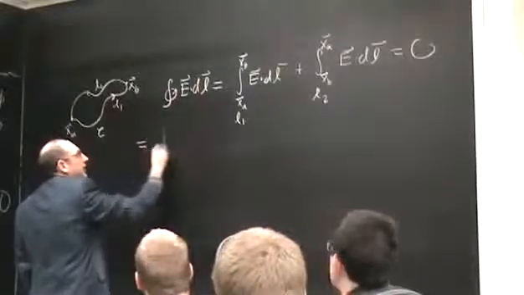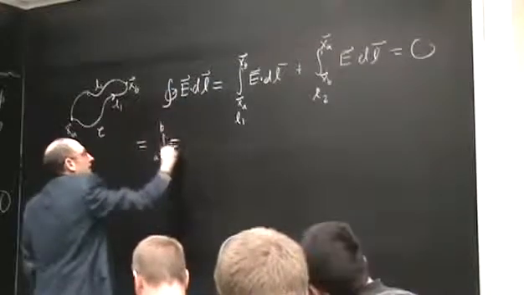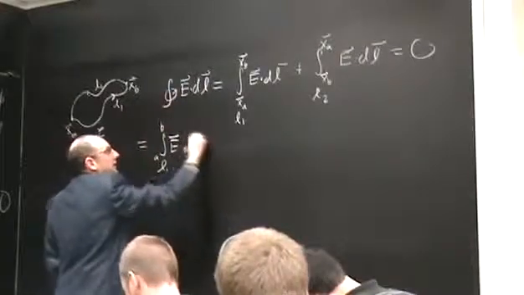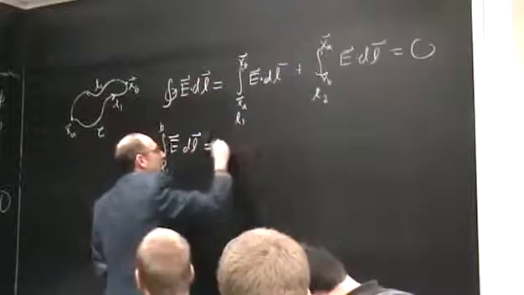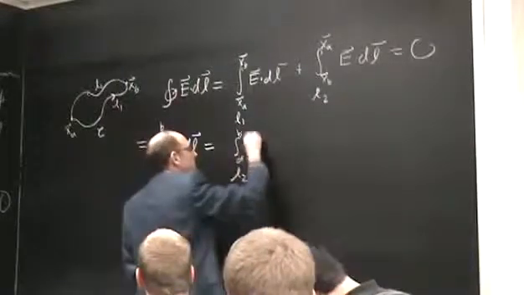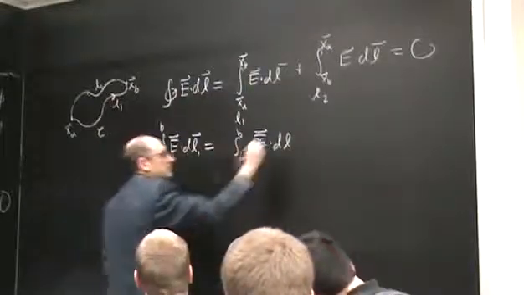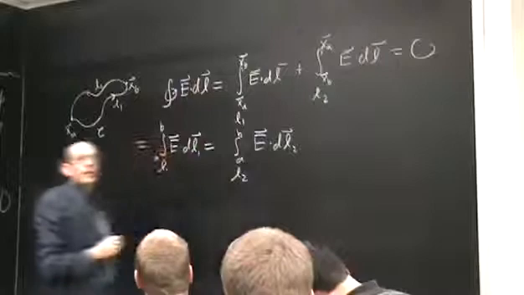And thus, the integral along L1 from A to B is minus from B to A, but minus from B to A is A to B. Okay?